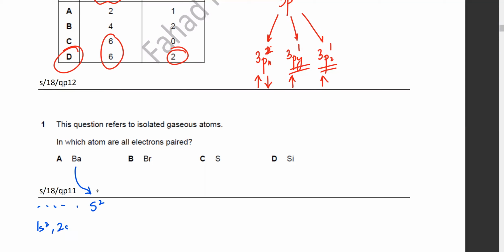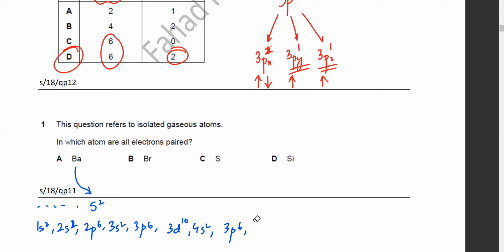It's going to be 1s2, 2s2, 2p6, 3s2, and then 3p6, and then there's going to be 4s2, then 3d10, all of them full. That's a total of 30, I'm assuming. Then there is 4p6.